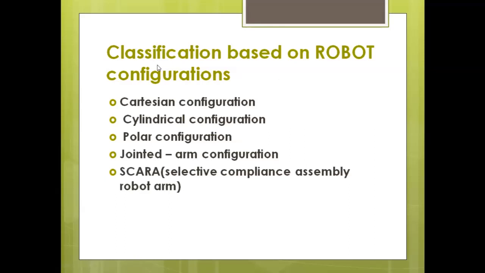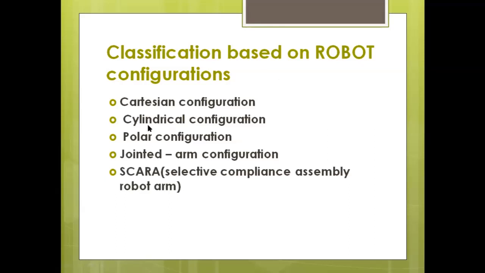Next is a very important part in your robot: classification of the robot based on its configuration. Based on the configurations, we can classify the robot into 5 types. First one is Cartesian configuration.